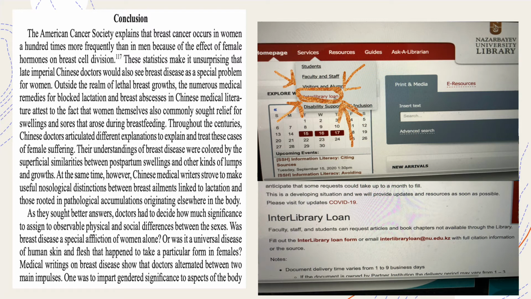Once you fill out that form, which requires you to put in information about the author, about the title, about when it was published and where, sometimes page numbers, usually within a couple days, you'll be able to get that article or whatever it is.